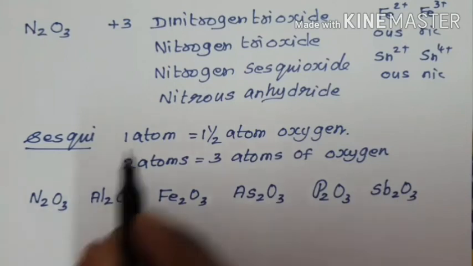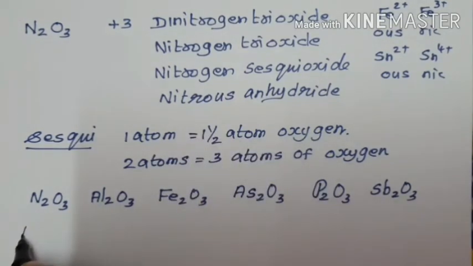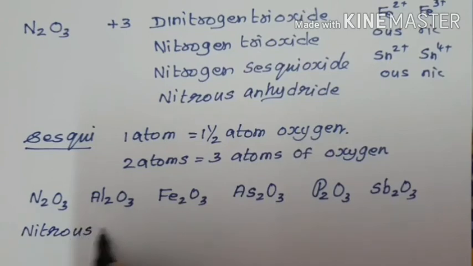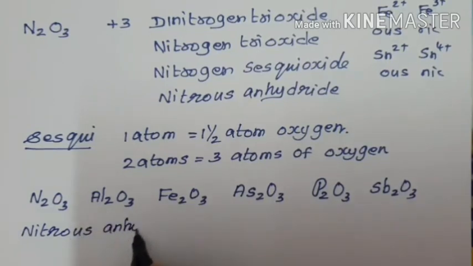And why is it called nitrous anhydride? Anhydride means after loss of one water molecule, that compound is called anhydride. Acetic acid losing one water molecule gives acetic anhydride.